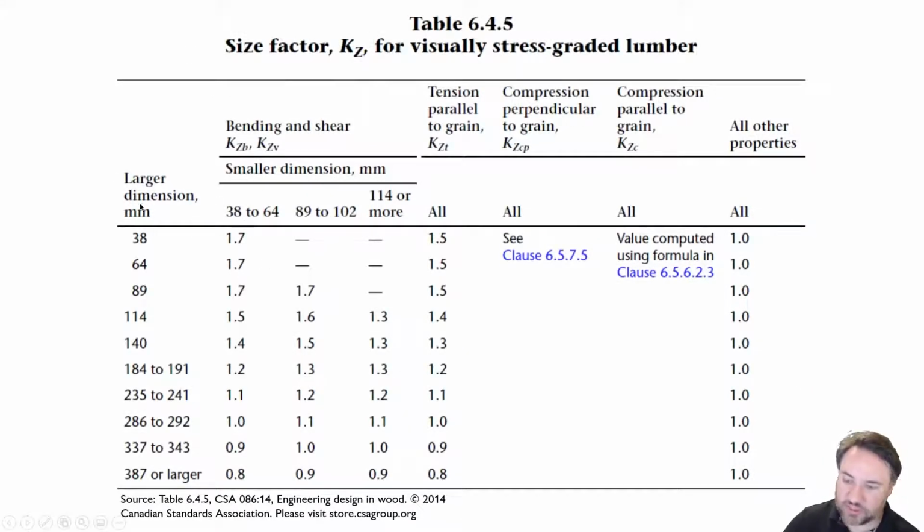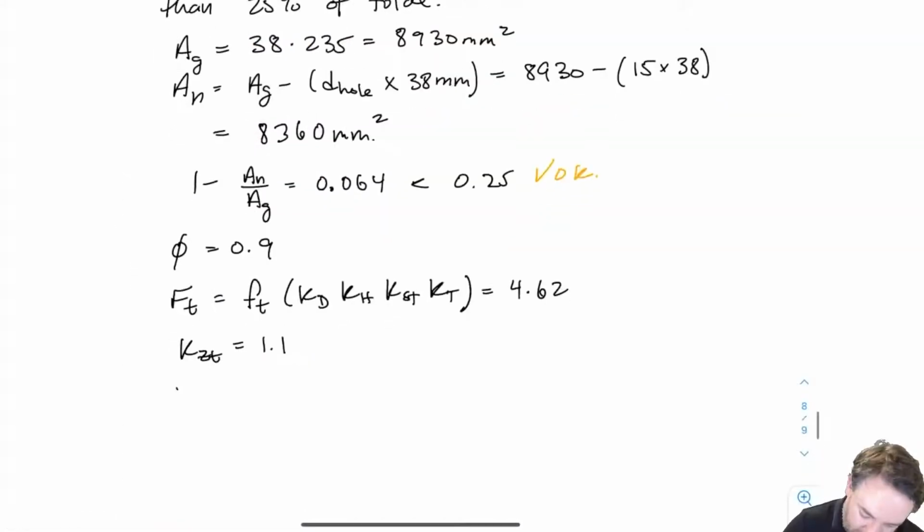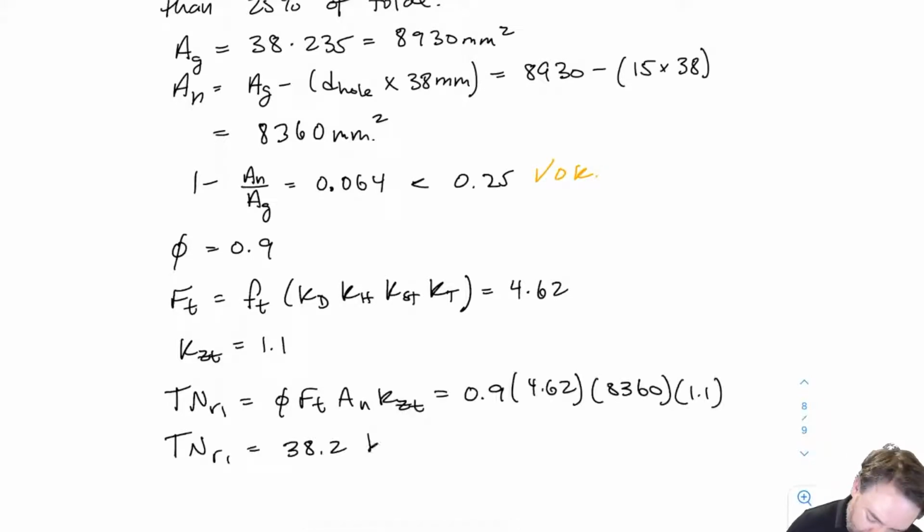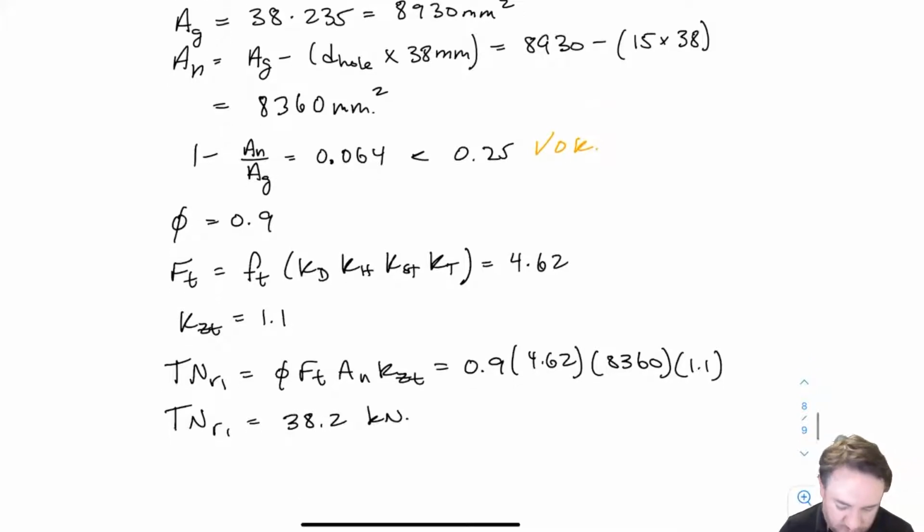So remember, this is 38 by 235. So larger dimension 235, our size effect factor KZT is 1.1. And therefore our TNR1, our total net tension, is just our regular net tension strength, and we get 38.2 kilonewtons.